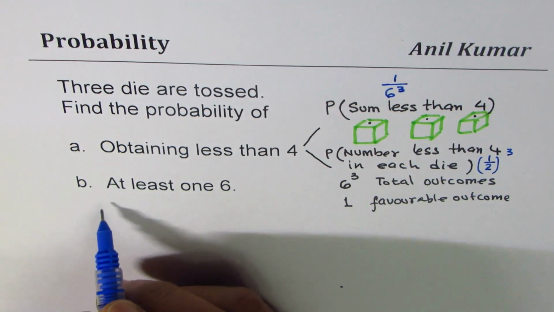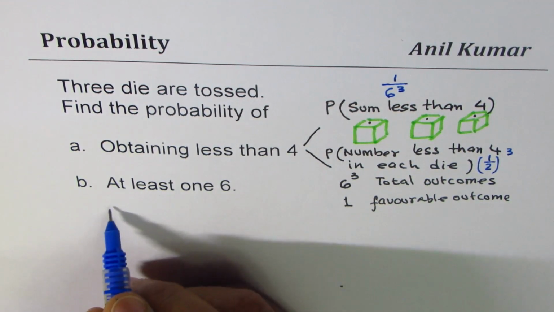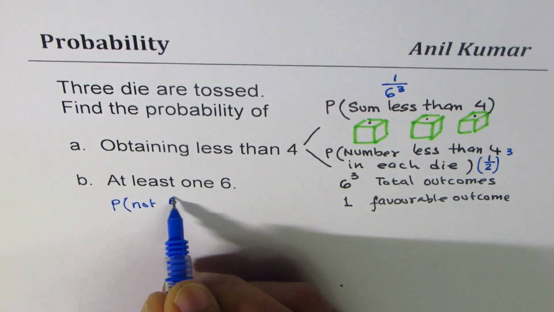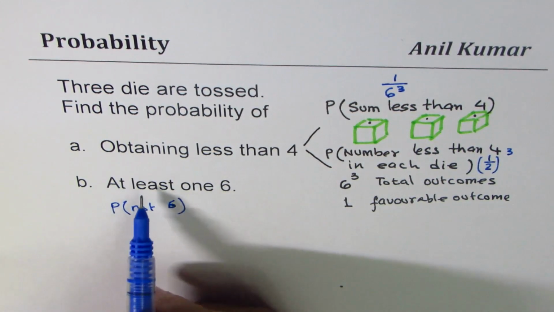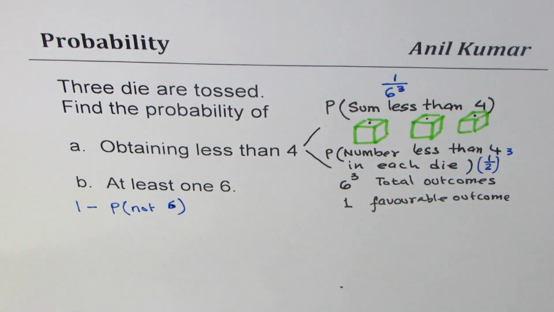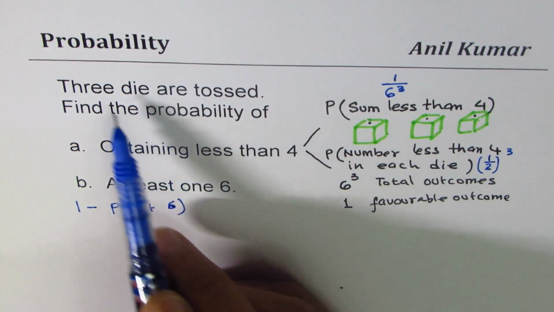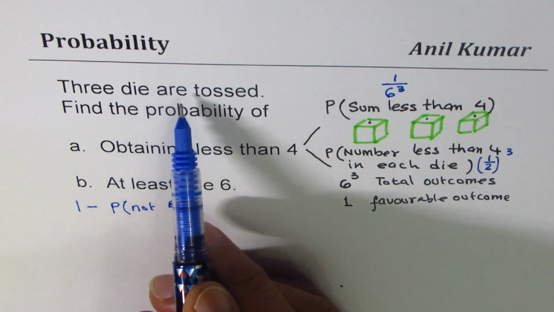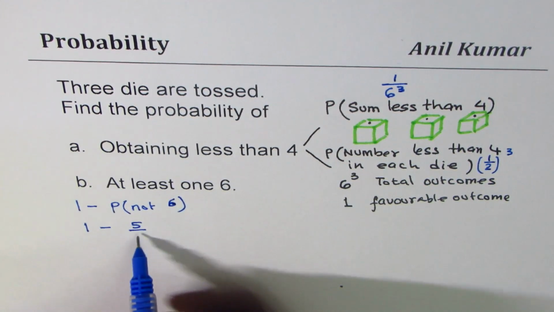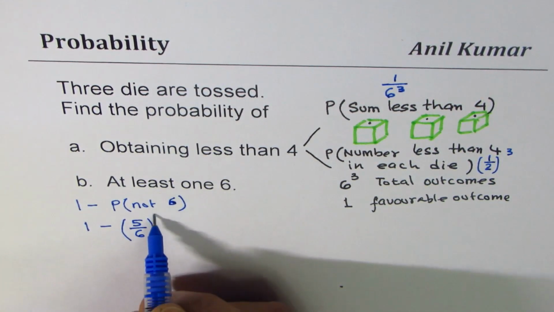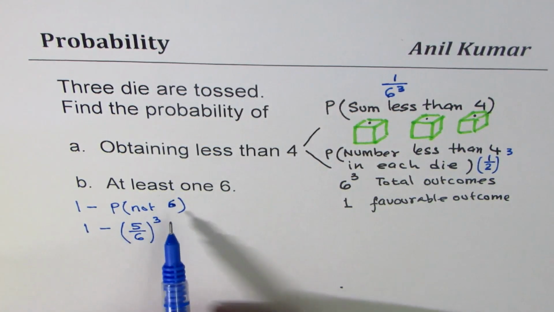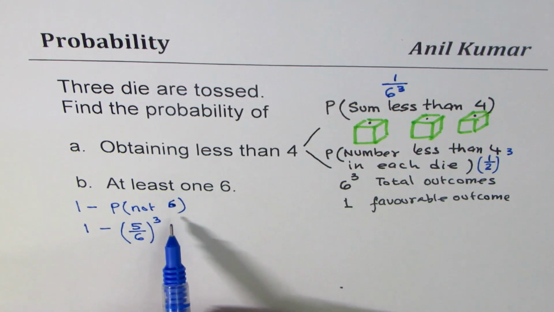We can think about the probability of not getting 6, right? So let's talk about the probability of not 6. At least one 6 will be 1 minus the probability of not 6. Since there are 3 dice, it will be 1 minus (5 over 6) whole cube, because there's one 6 and the other 5 numbers are different.